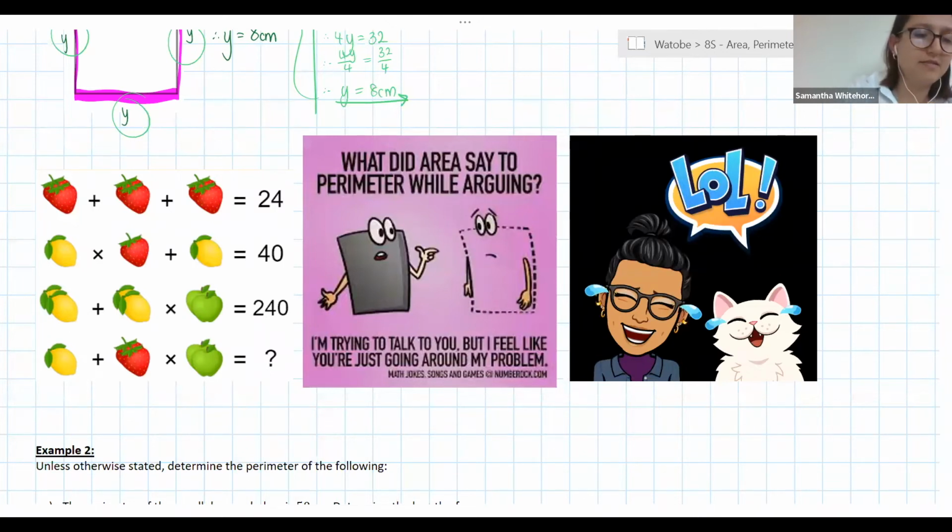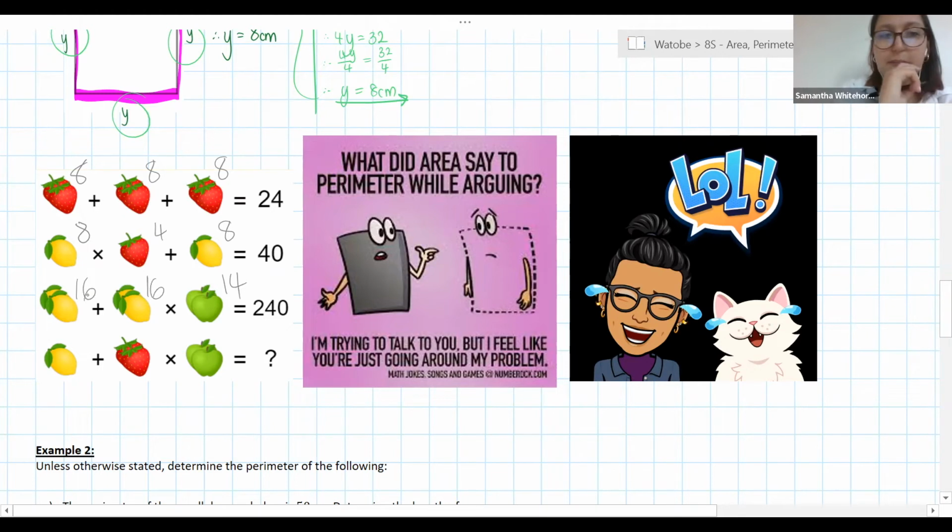And then the apples were 7, if I'm correct. Yes, one apple was 7. So both of them would be 14. Good. And so 2 lemons would be 16. Good. And so I said 8 plus 8, because 2 strawberries is 8, times 2 apples, which would be 14. Perfect.